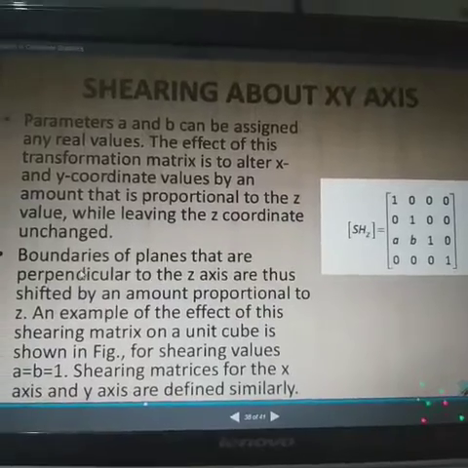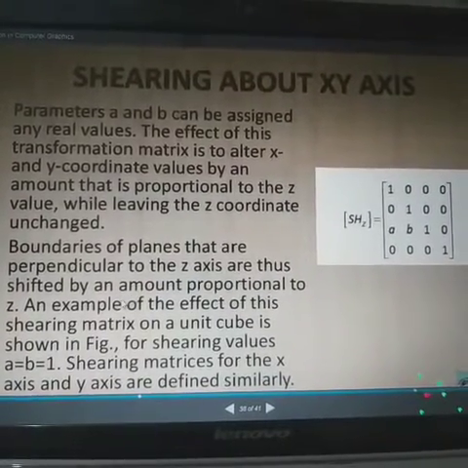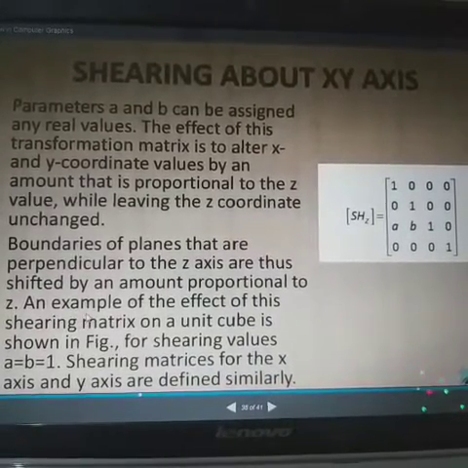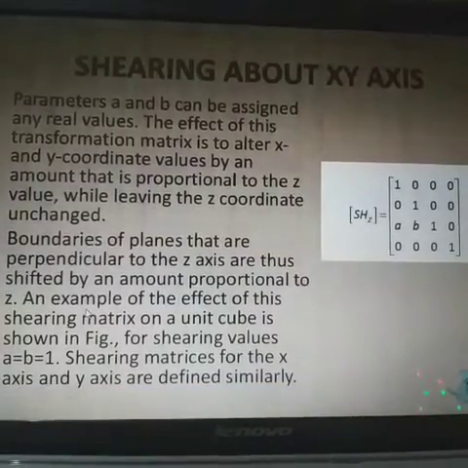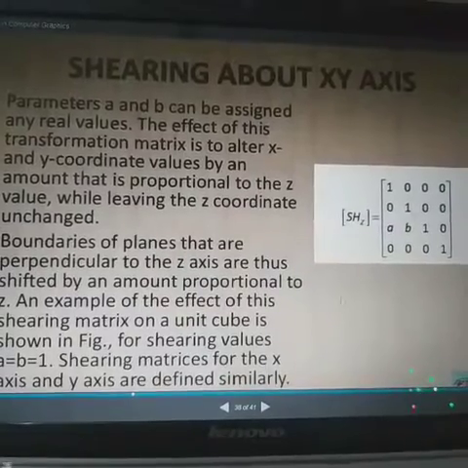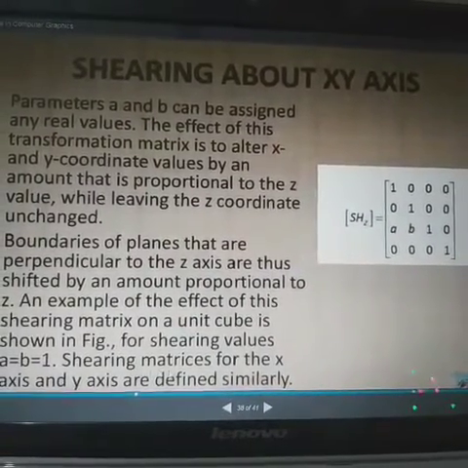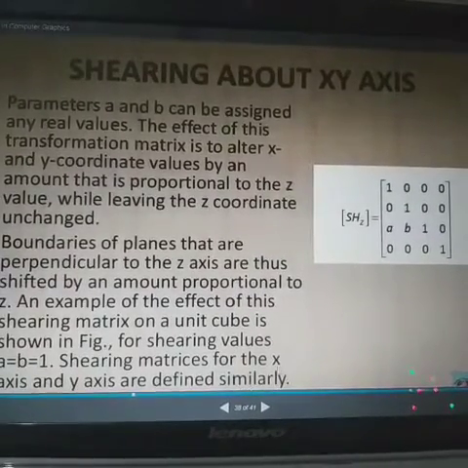So the boundaries of the plane that are perpendicular to the z axis are shifted by an amount proportional to z. An example of the effect of the shearing matrix on a unit cube is like this. For shearing, the values a and b are equal to 1, and the shearing matrices for the x and y axes are defined similarly.